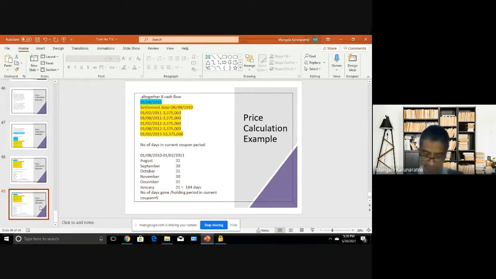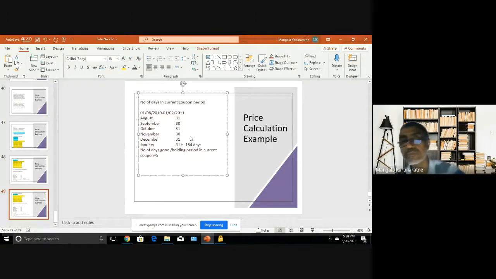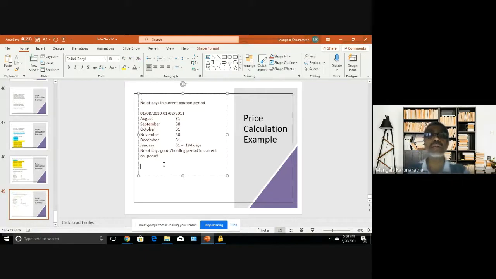So calculate it and let me know the N value. Has anyone calculated? So you get 5 days.